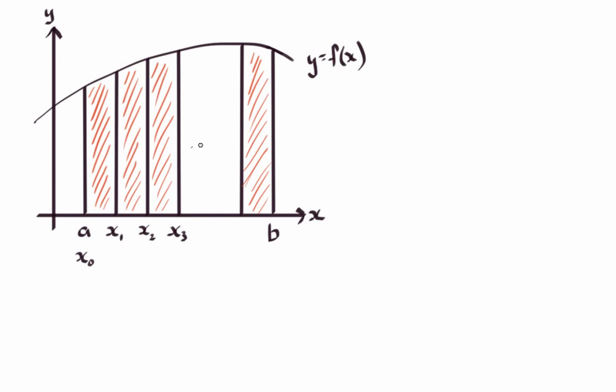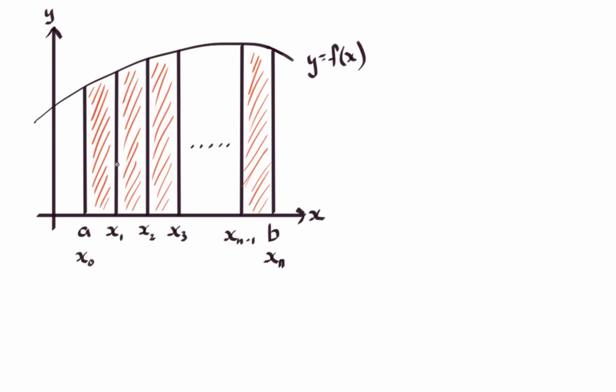We keep going, counting along until we get towards the end where we have b, okay, or maybe that's xn, our nth value, okay, and so the one before it would be 1 less than n, xn minus 1.